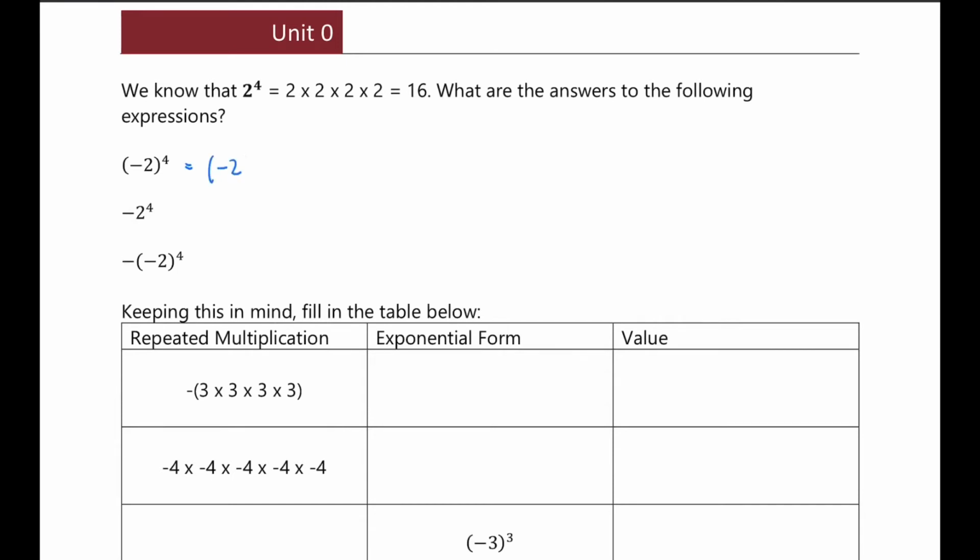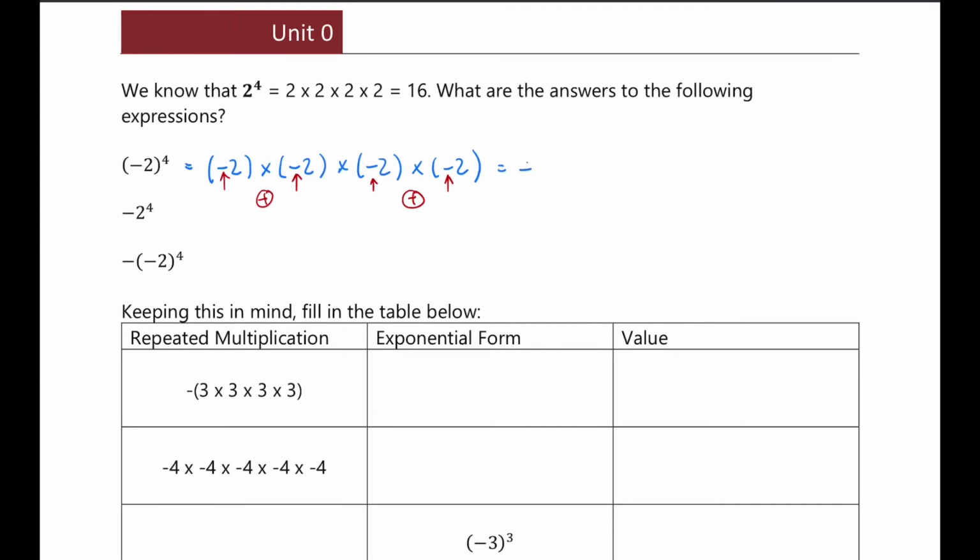So we have negative 2 times negative 2 times negative 2 times negative 2. And we know that negative times negative is positive, so negative times negative is becoming positive, and then negative times negative is positive, so positive times positive is a positive number.